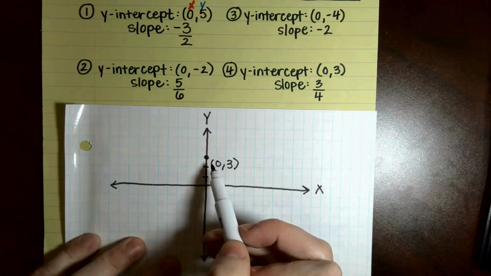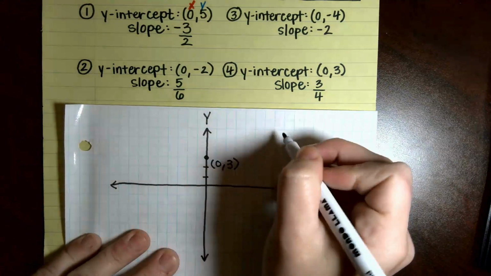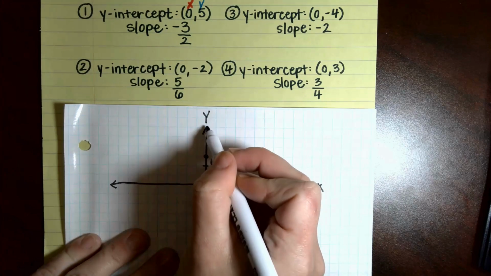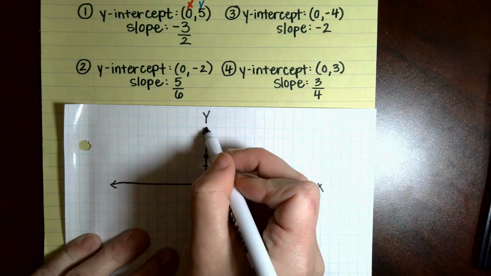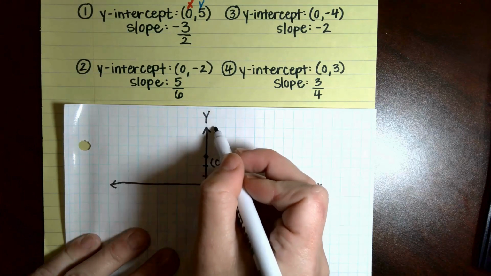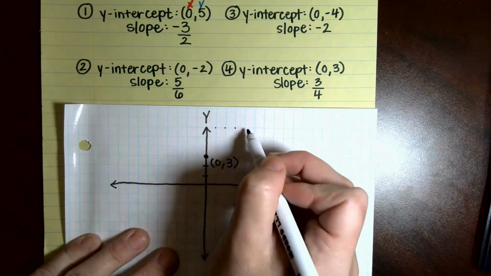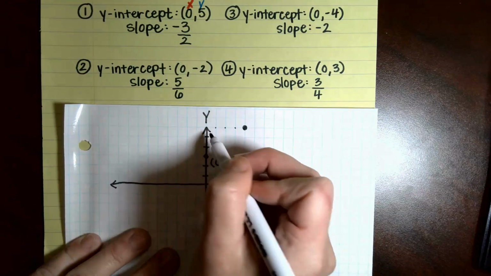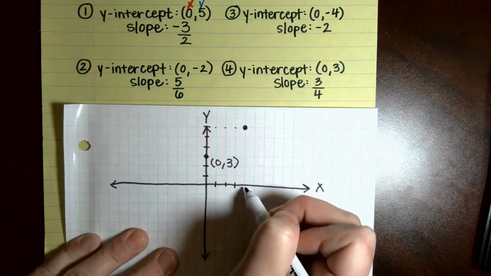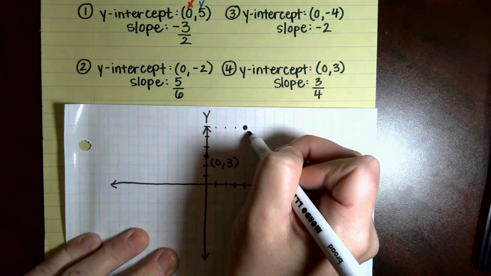Start with 3, go up 3. Yes, my rise is 3, so I'm going to go up 1, 2, 3. And my run is 4. So I'm going to go over 1, 2, 3, and 4. Good. Now I'm going to draw some tick marks so that I can count and figure out how to label this coordinate.